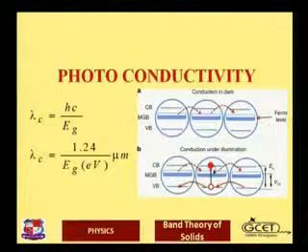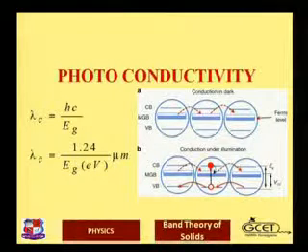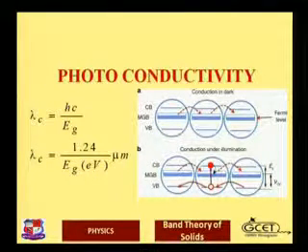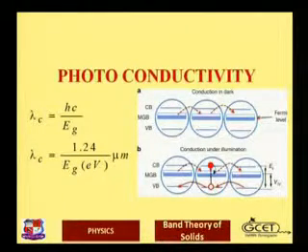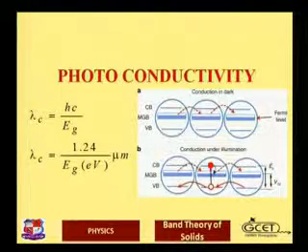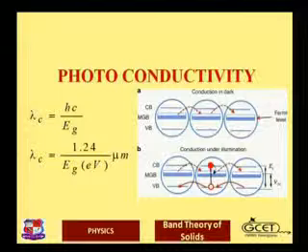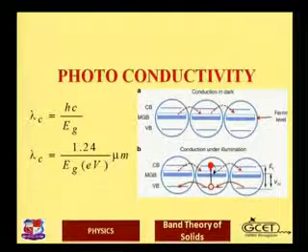So the critical wavelength, the maximum wavelength that can be applied in the form of a photon, is lambda c equal to hc upon Eg. That's why, if the energy band gap is measured in electron volt, then lambda c will be equal to 1.24 divided by Eg in eV, and we can retrieve lambda c in micrometer.